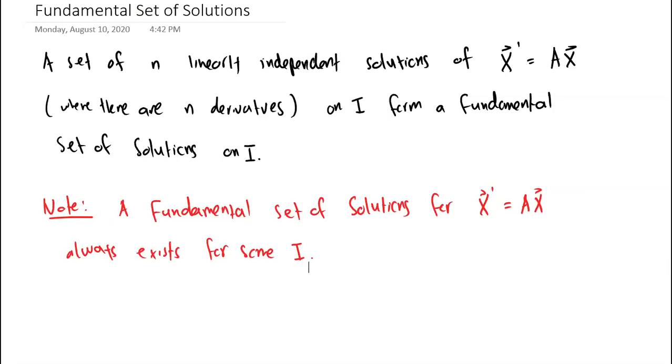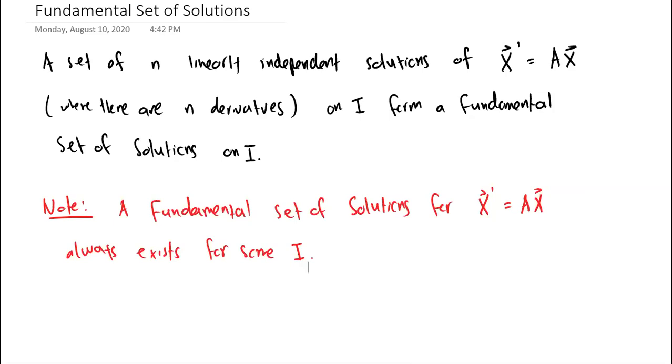So again, suppose you have a set of n linearly independent solutions of the homogeneous system on an interval I. By definition, that is what we call a fundamental set of solutions on that interval. Same definition as in chapter 4. And as in chapter 4, we also have this existence theorem, which I'm not writing as a theorem, just as a note: a fundamental set of solutions always exists for some interval.